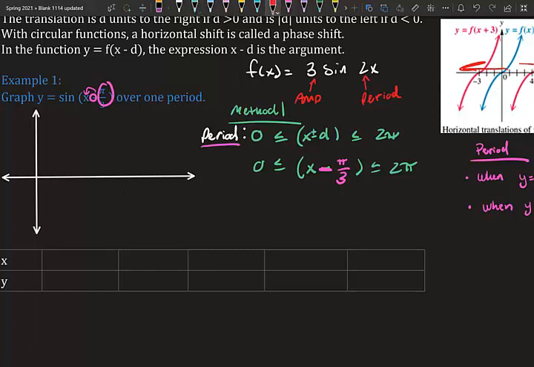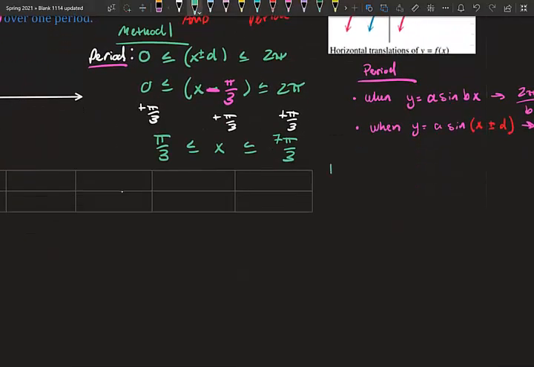We add pi over 3 to both sides. Then we have pi over 3 less than or equal to x, less than or equal to 7 pi over 3. So that means our period is pi over 3 to 7 pi over 3.